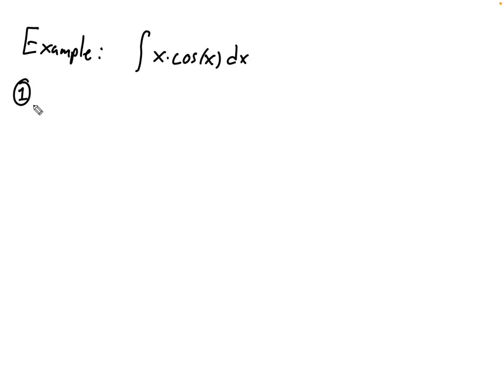First step, we pick part of this integrand to be u, and the rest is dv. For this one, we will choose u equal to x, and dv is everything that's left. Once we've picked part of the integral to be u, everything that's left has to be dv.